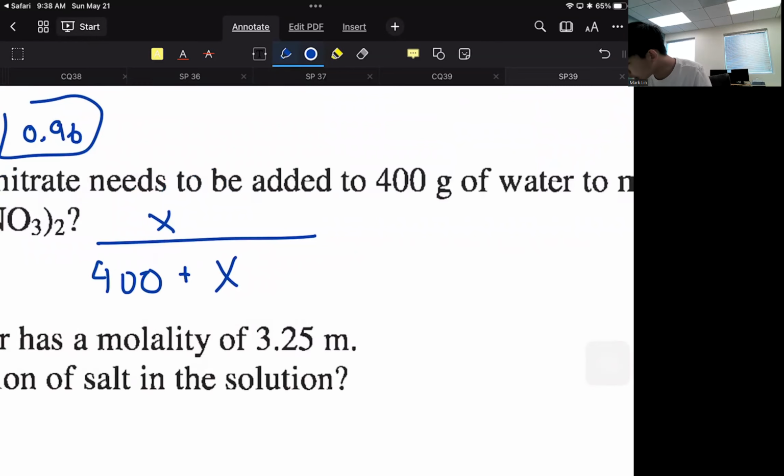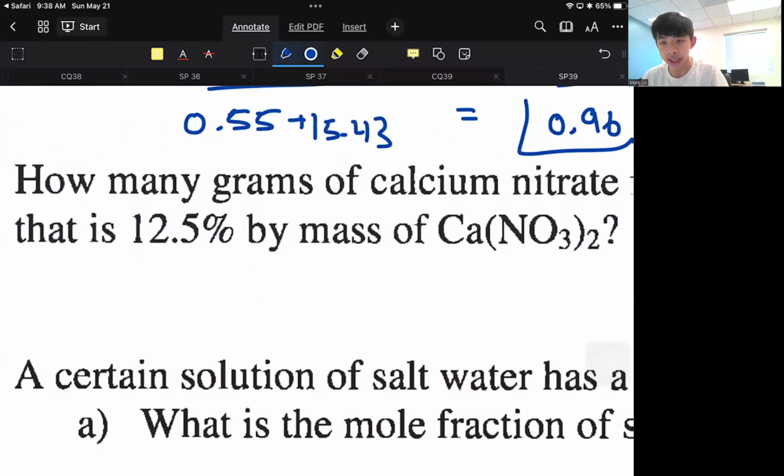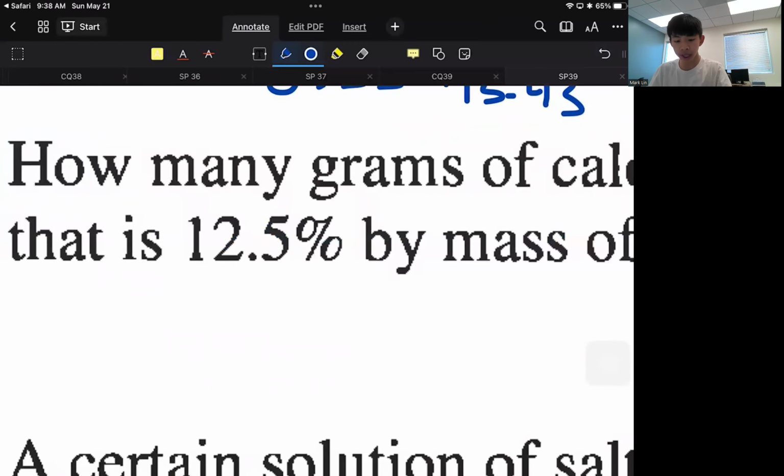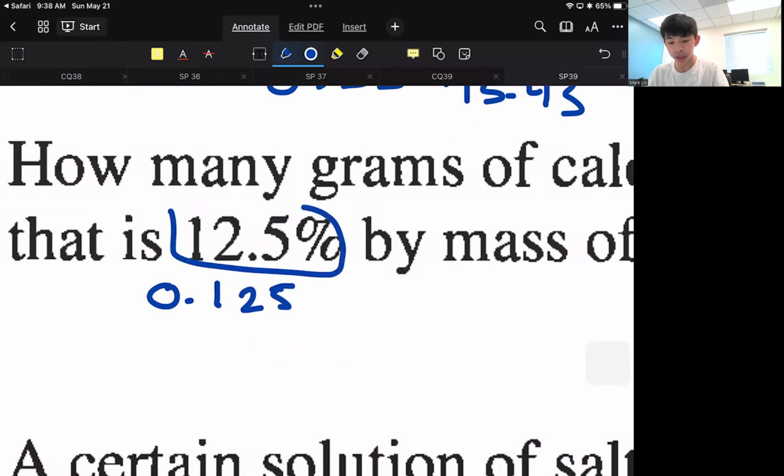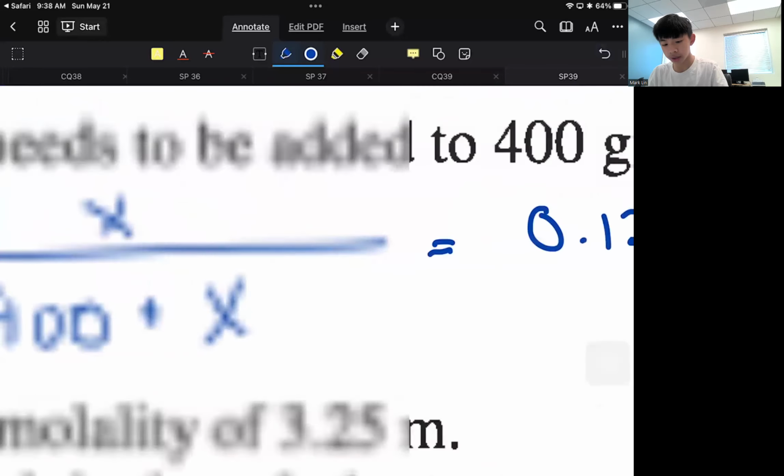Divide it together and you get 0.125. I choose 0.125 instead of 12.5% because they're technically the same thing, but to get 12.5% it's just an extra step of multiplying by 100.